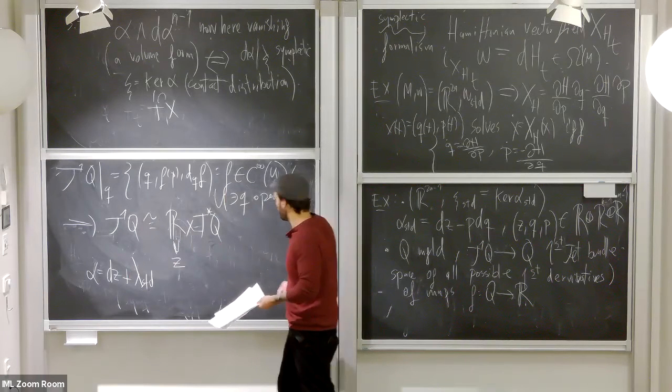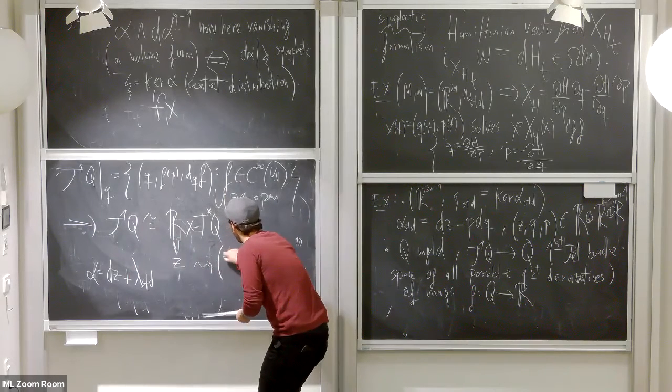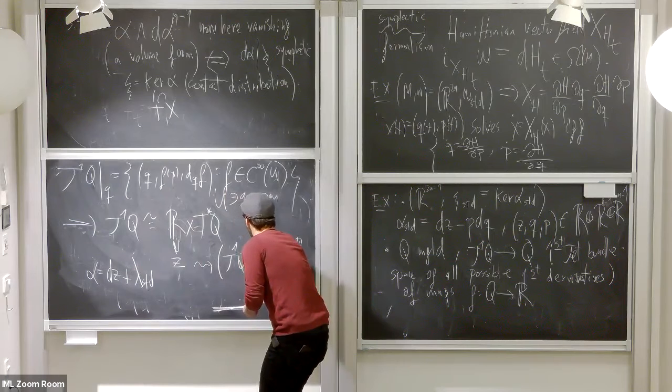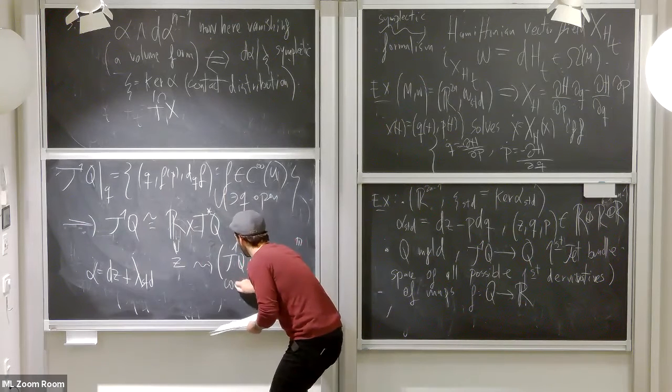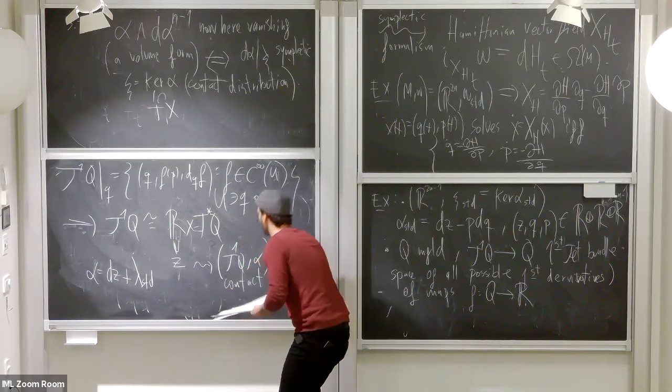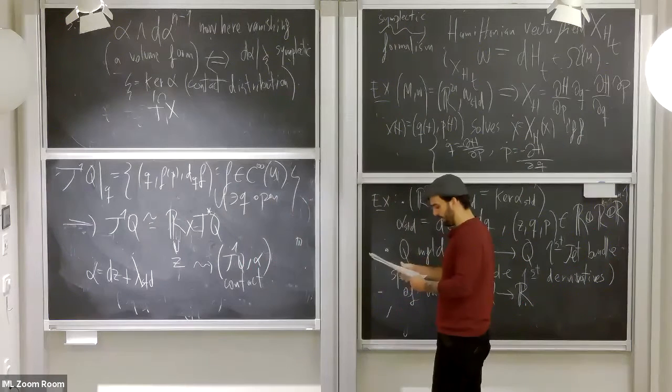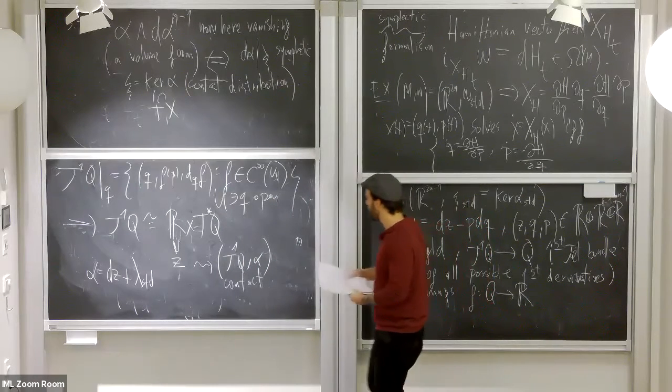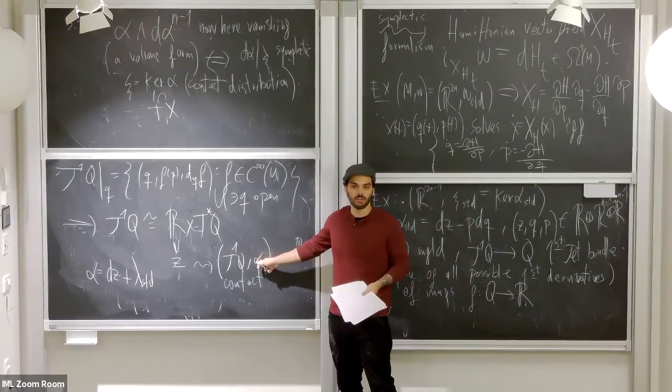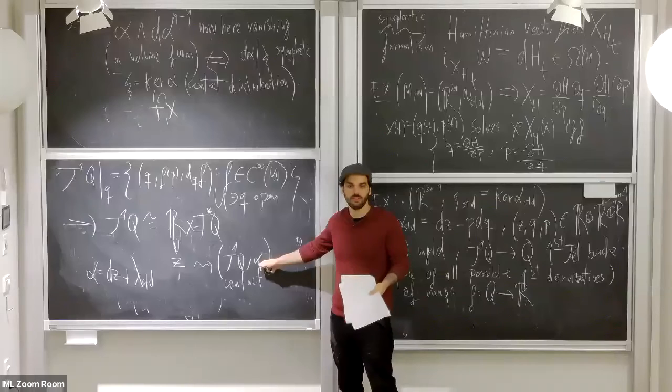So this is the contact form. In other words, J1 of Q with alpha is a contact manifold, or strict contact manifold. The word strict just means that I'm actually specifying a contact form as opposed to specifying the contact distribution.